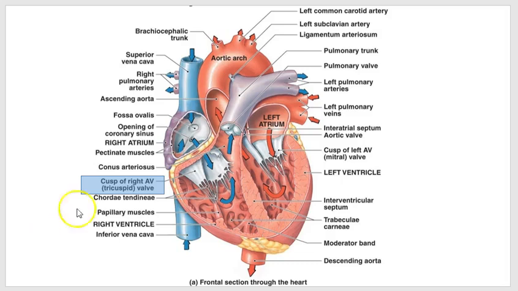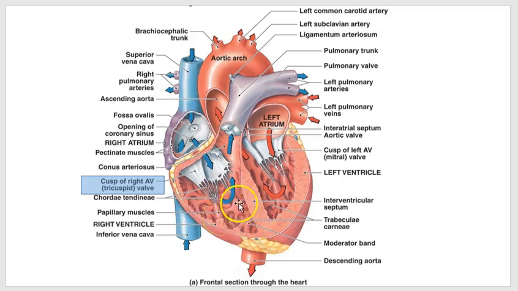And then we have your valves. This will be your right AV valve, or the tricuspid valve. Tricuspid, it says there's three cusps, or three little flaps that work on this heart. These flaps are connected via these chordae tendineae, or the heartstrings, that are anchored by these papillary muscles.